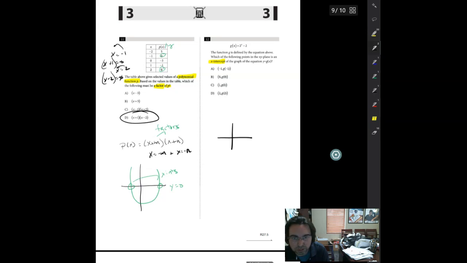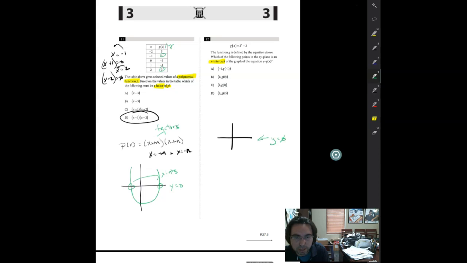Well, if you remember, think about it. Which of the following points in the xy plane is an x-intercept? Well, the x-intercept, that's along this line here, right? That is saying that y equals 0 for the x-intercept.